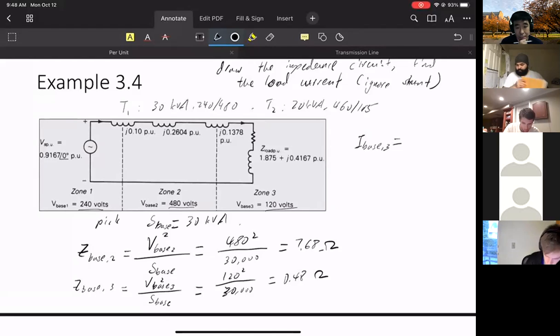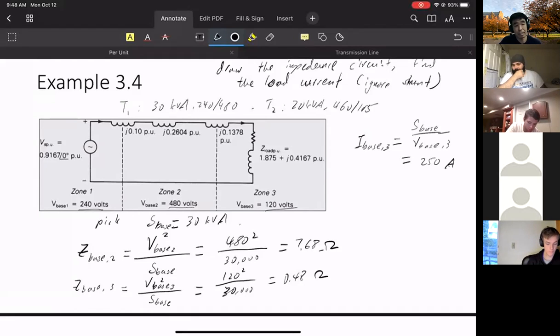S base over V, right? It's basically what you think the value should be. So this is S base over V base at zone 3. When we divide this, we get 250 amps.